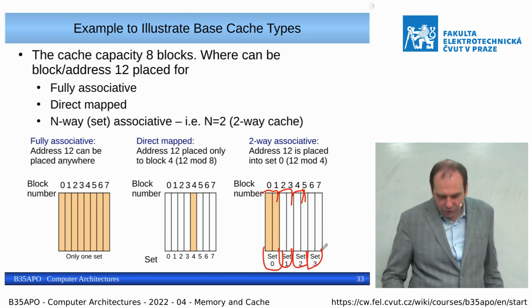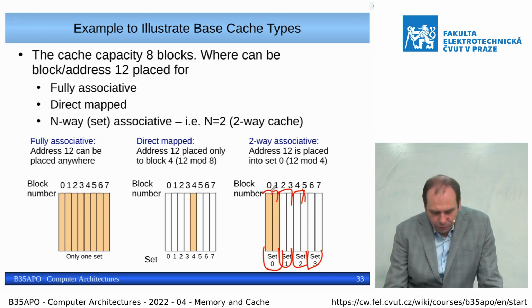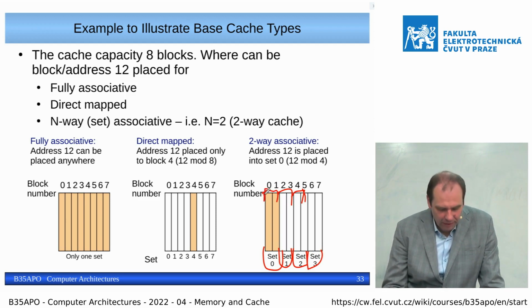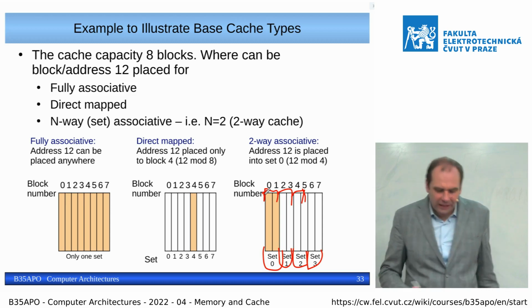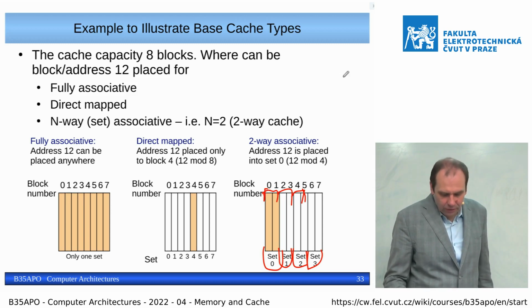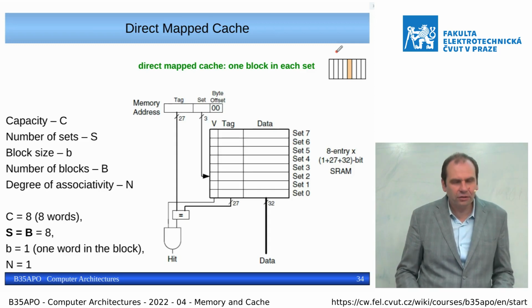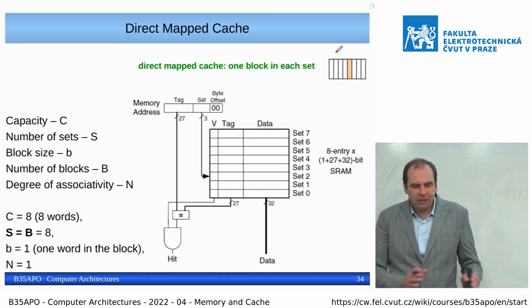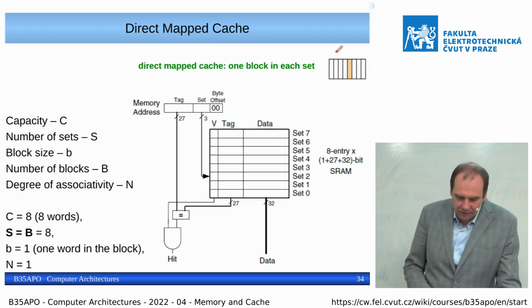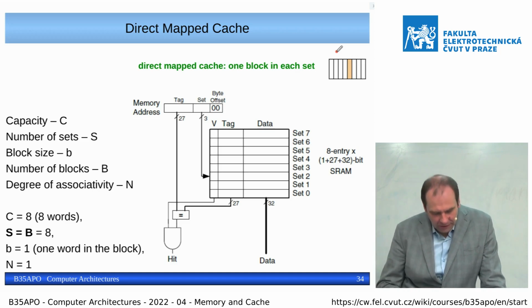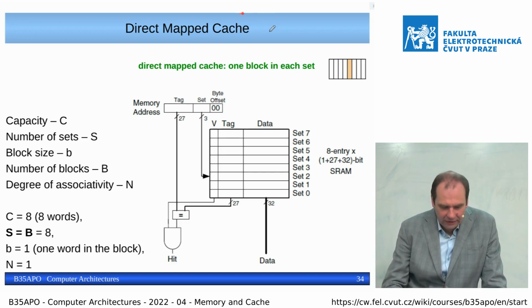Each of those sets allows to store data from some range of the memory, according to some rules. Usually it is done in such a way that data are stored not according to the most significant bit, but by the least significant bit. Anyway, now we look at the directly mapped cache.